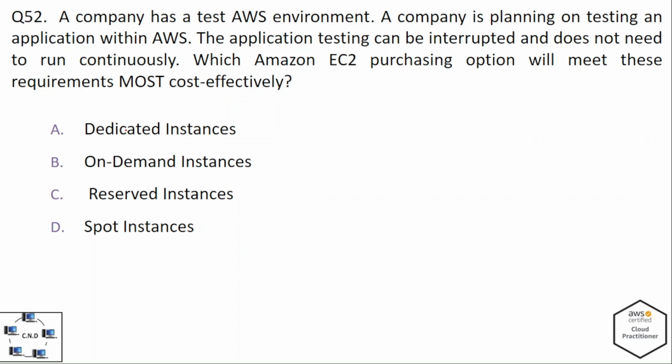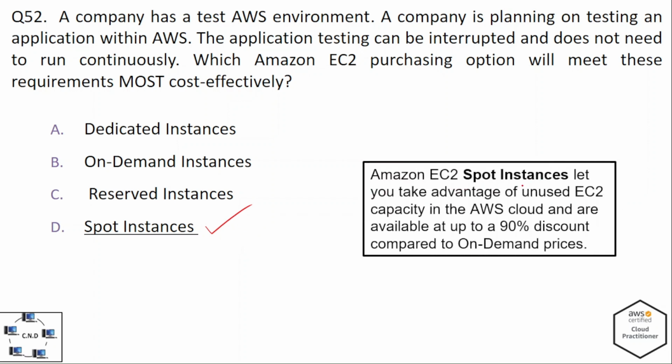And the options are A. Dedicated instances, B. On-demand instances, C. Reserved instances, and D. Spot instances. And the correct option is spot instances. Amazon EC2 spot instances let you take advantage of unused EC2 capacity in the AWS cloud and are available at up to 90% discount compared to on-demand prices.